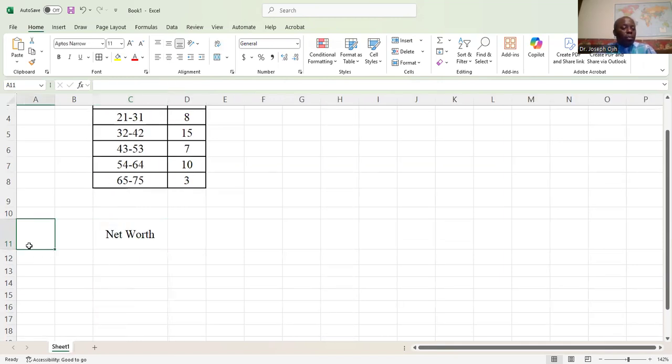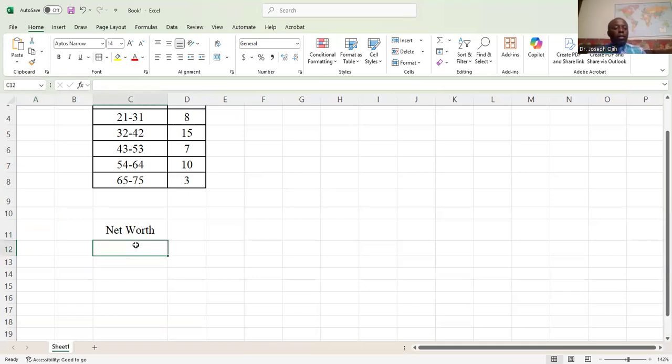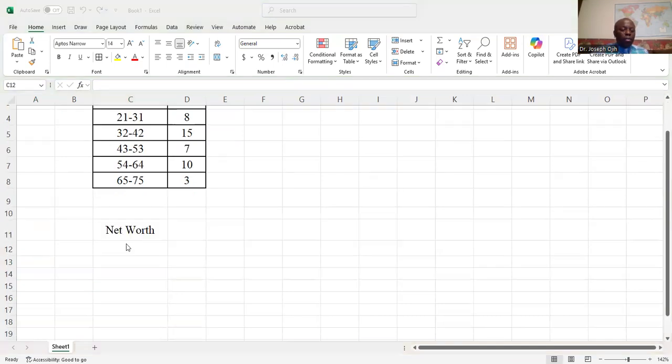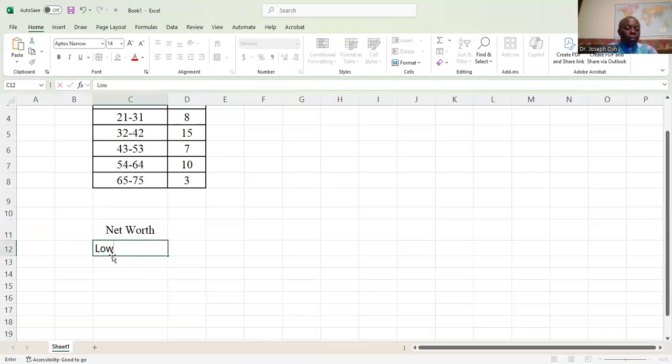I can bring this up a little bit so it won't take too much space. This net worth has the lower interval and the upper interval. So I'm going to put the lower here and the upper here.